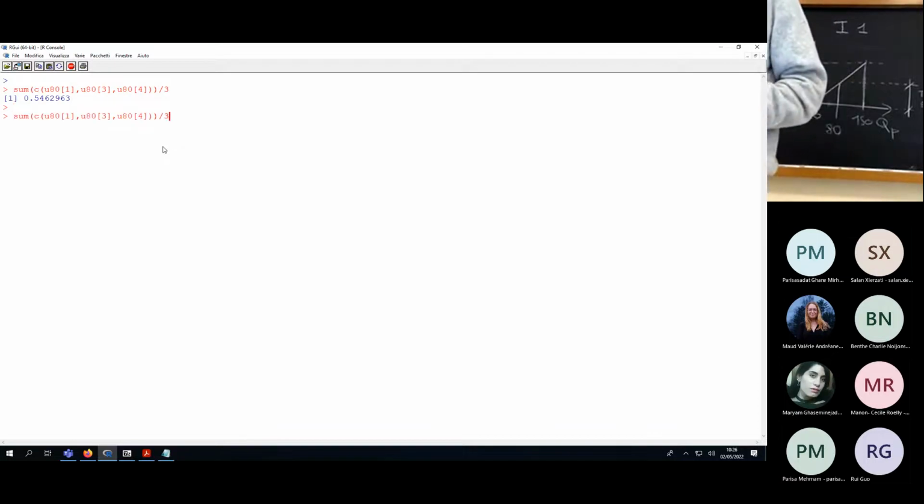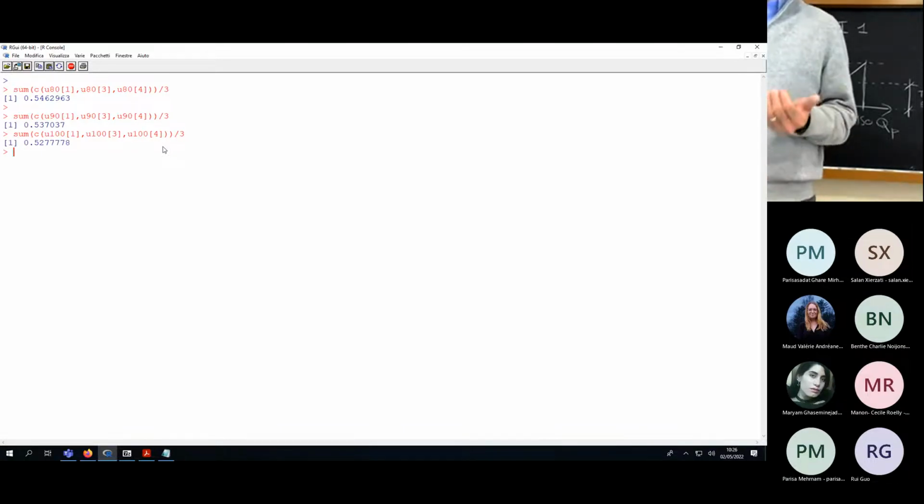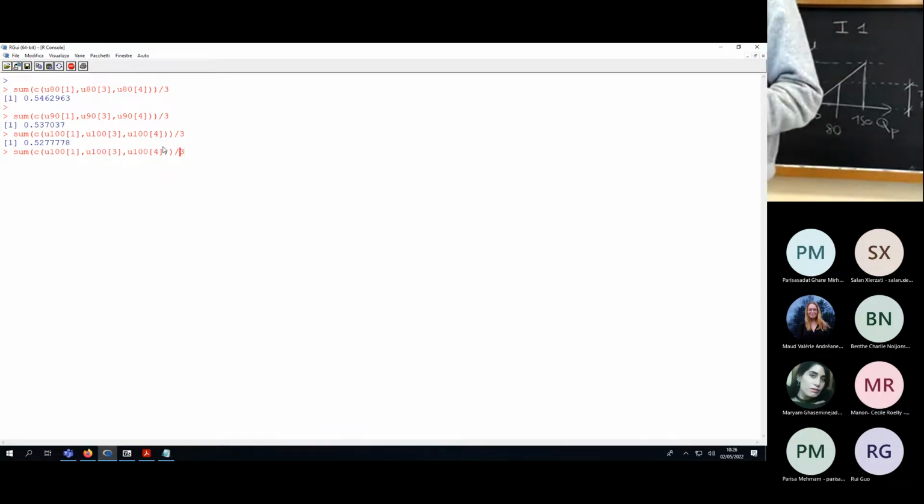Now let's see with 90. Still decreasing, but not much, not like before, because I removed a criterion which is penalizing increasing withdrawal.